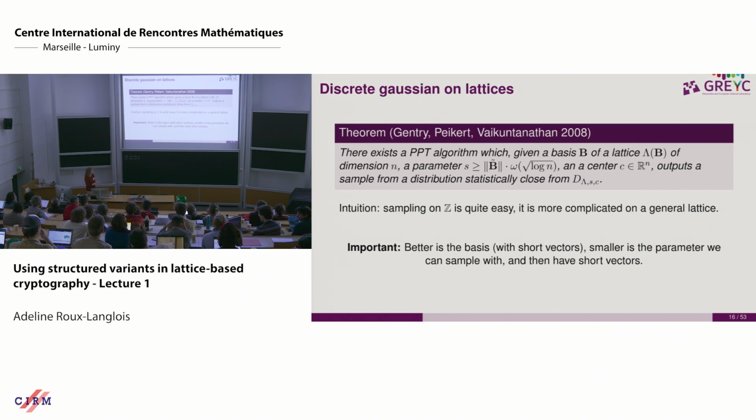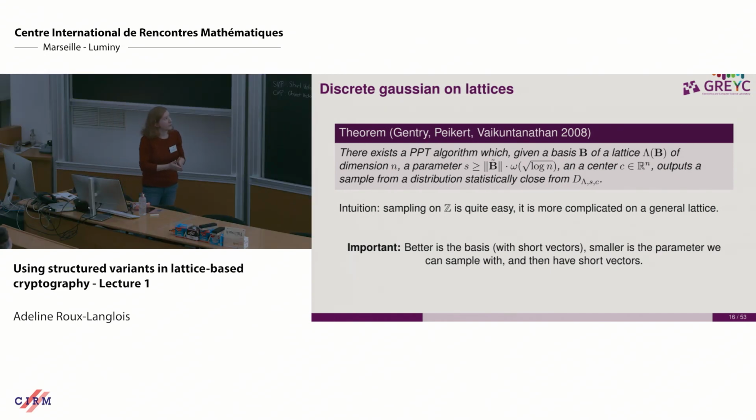So given a basis of a lattice, given the dimension, a parameter, the center, you can sample from a distribution which is close enough to a Gaussian distribution on a lattice. So it will give you elements close to their center, but which are in your lattice. So the intuition is that it's quite easy on Z. It will be a bit more complicated on a general lattice, but we know how to do it.